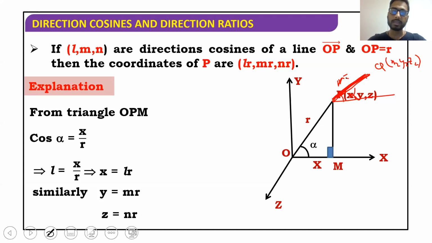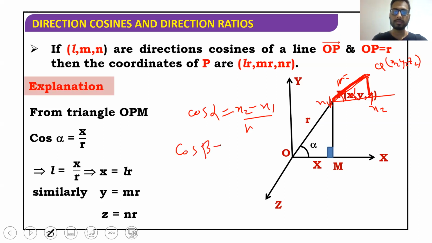Therefore, in that particular case, my cos of alpha would be this point minus this point. So this point is having x coordinate as x2, and this point is having x coordinate as x1. So in that case, cos of alpha would be x2 minus x1 upon the resultant value r, which is nothing but under root of x2 minus x1 square and so on.